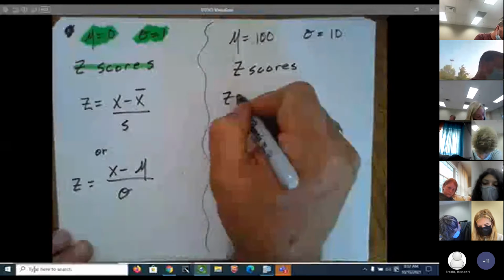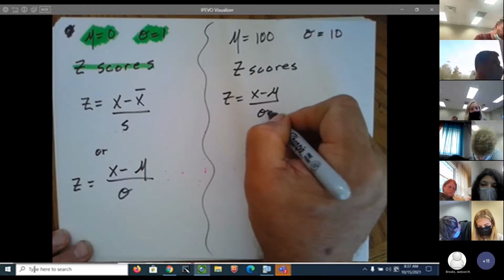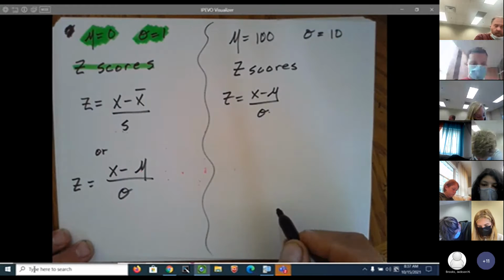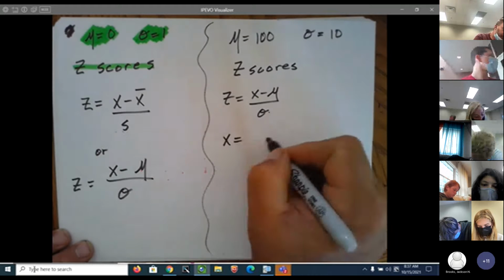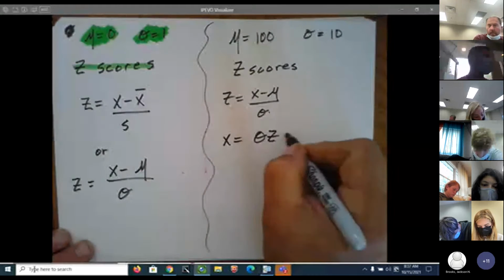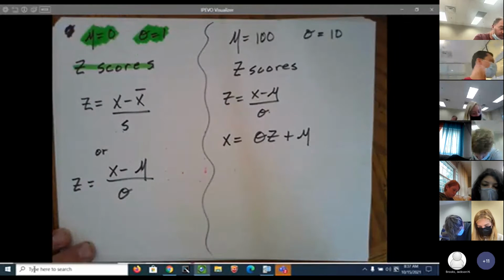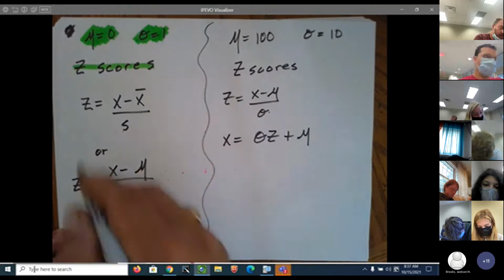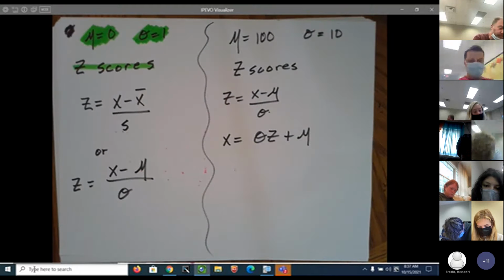And z is equal to x minus mu over standard deviation. And you might have to do this formula, x is equal to z sigma plus mu, to get a test score back. And I'll explain that in just a second. So that's your two type problems right there. And the difference is what you're given.